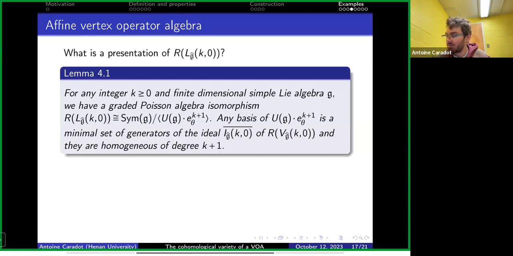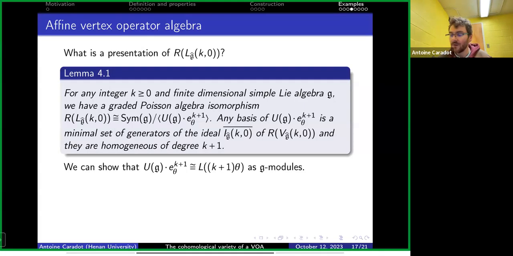So now the question is how to find information on the basis, because we know that the number we want is the dimension of this space. So we can prove that as G modules, this UG applied to E theta to the k+1 is going to be the simple highest weight module of highest weight k+1 times theta.